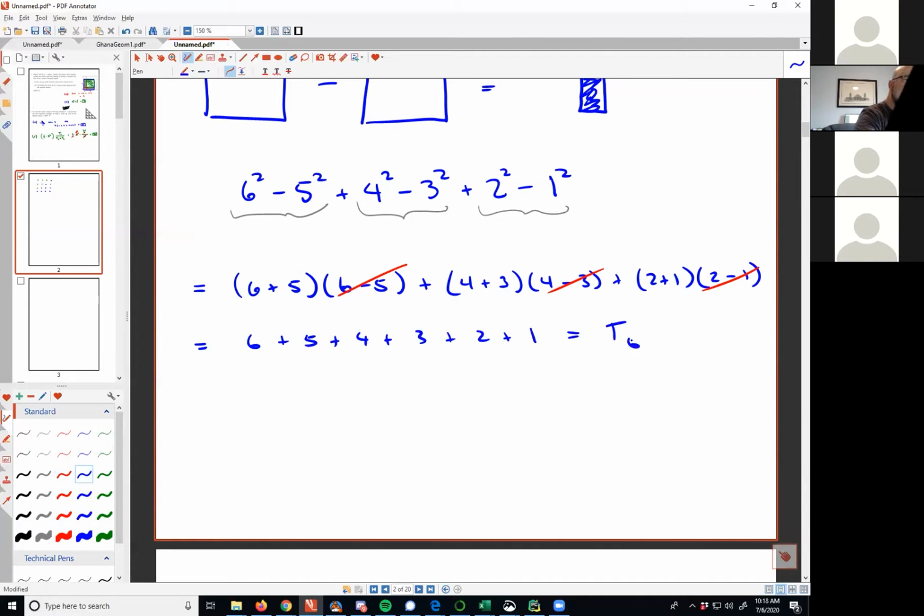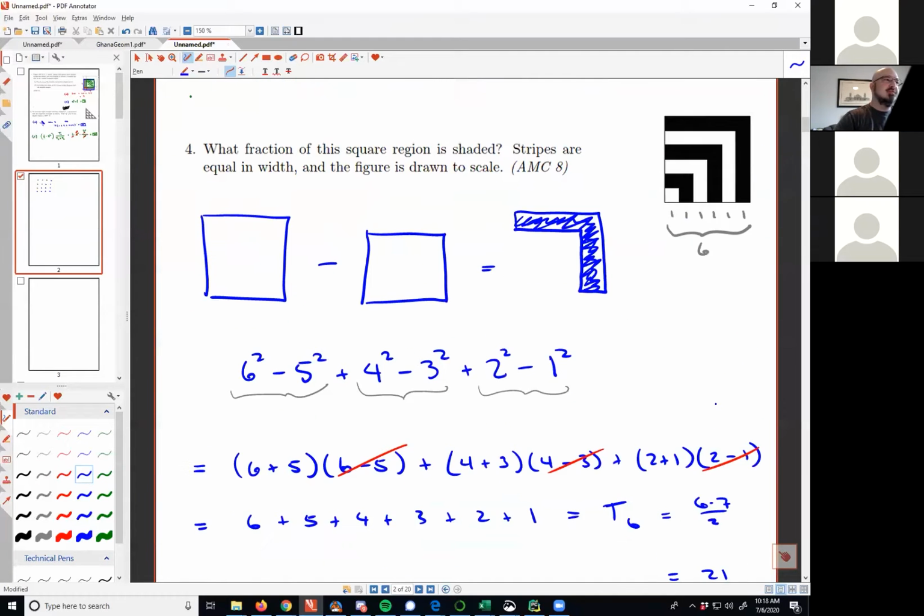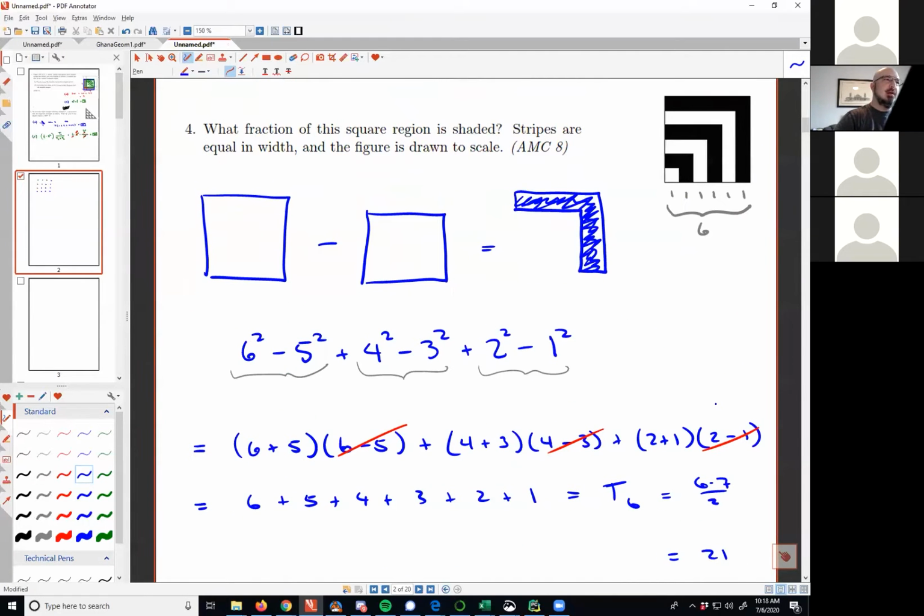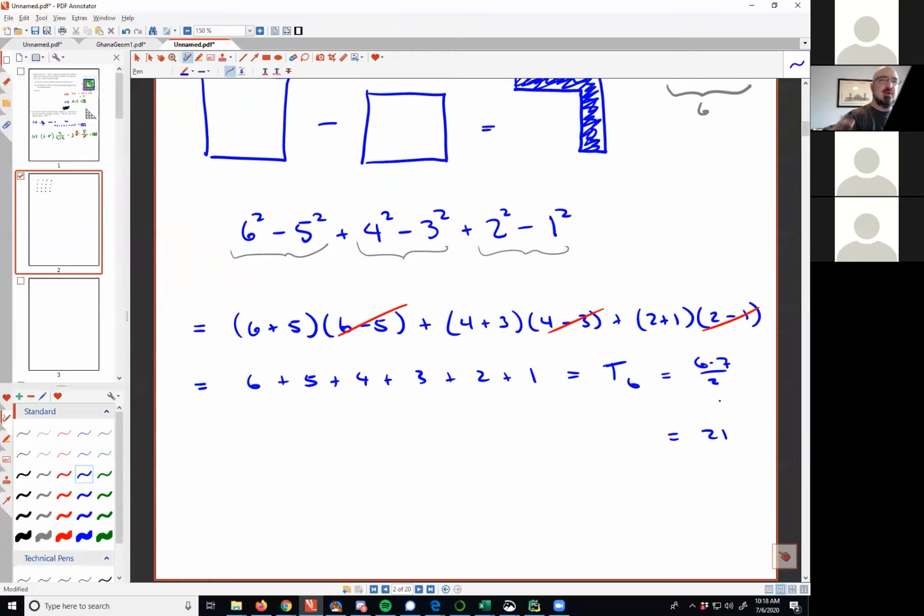Which is our sixth triangular number, which is 6 times 7 divided by 2. And we have 21, but that wasn't quite what we were doing. We're asked to find the fraction of the square shaded region, which is then T6 over S6.